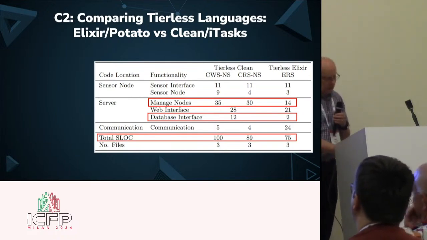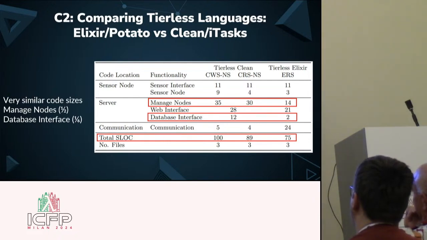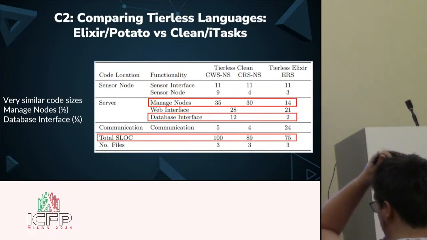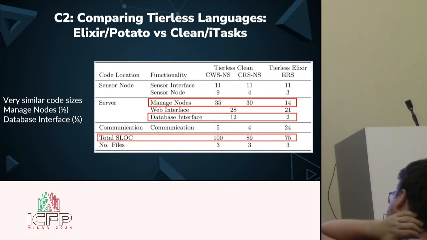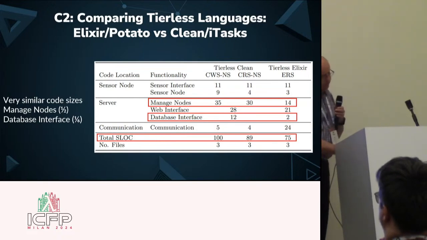It's 10 or 15% difference. Elixir's database interface is really concise. That helps. And managing the nodes, provisioning code onto the remote nodes is quick, is concise, sorry, in Elixir.